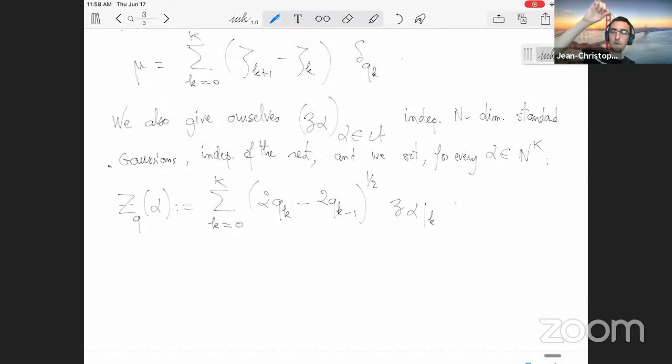So alpha is a leaf, and then I'm adding Gaussians with variance 2qk minus 2qk minus 1 at each level, so that I end up with, in total, a Gaussian with variance 2q capital K.